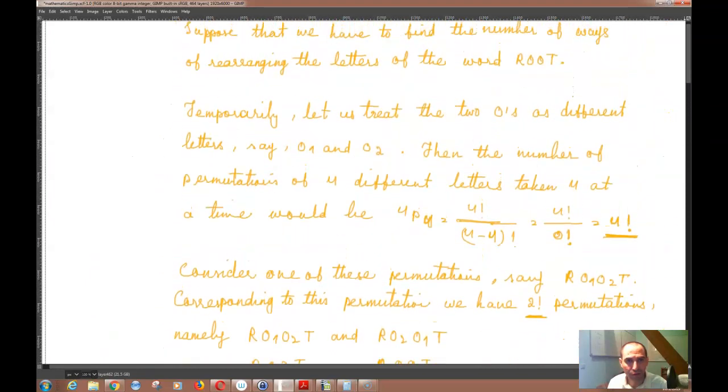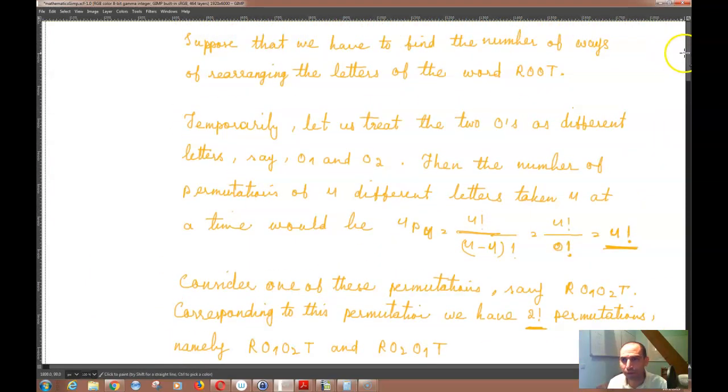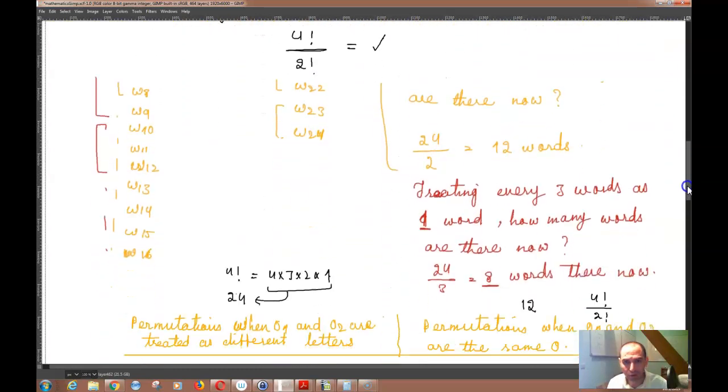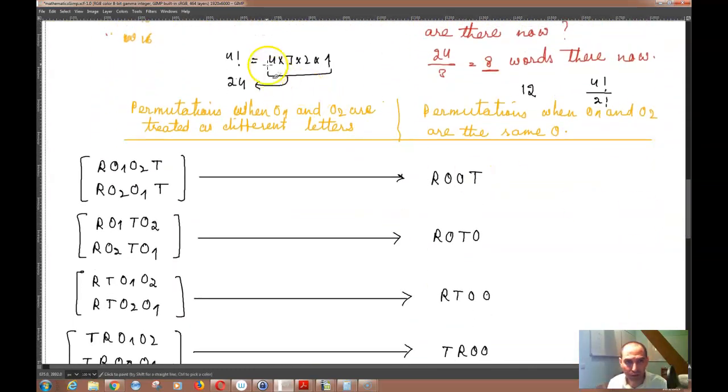When your objects are repeated. So that's basically this example here, and I just wanted to show you what happens when objects are repeated and what you do in that case, and why you have to divide.